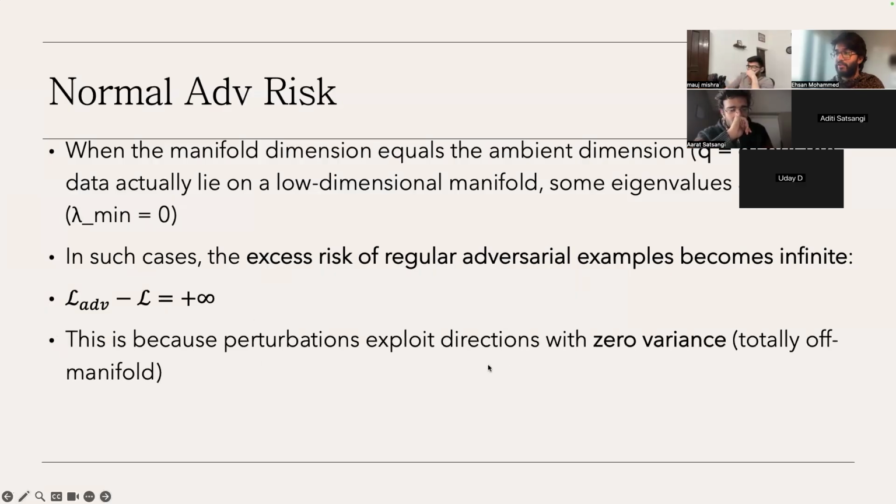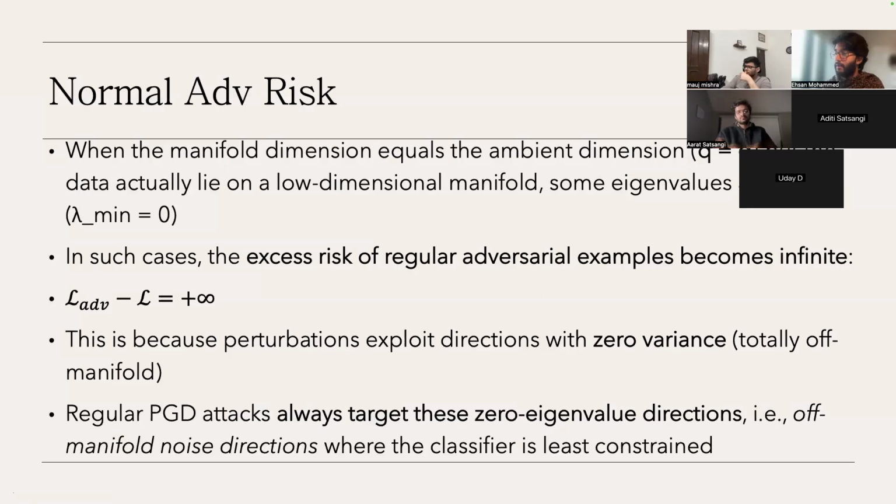This is because perturbations will explicitly exploit the directions which have zero variance. That means they're only going to go off the manifold, from red to blue or whatever, if we assume the Swiss roll. Regular attacks will always target these zero eigenvalue directions, which are off-manifold noise directions, where the classifier is least constrained.